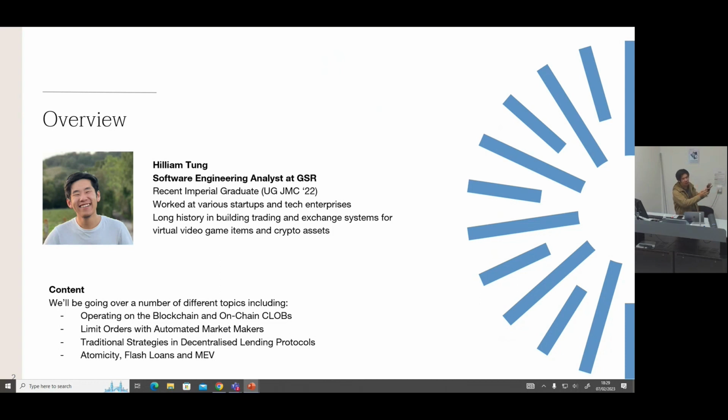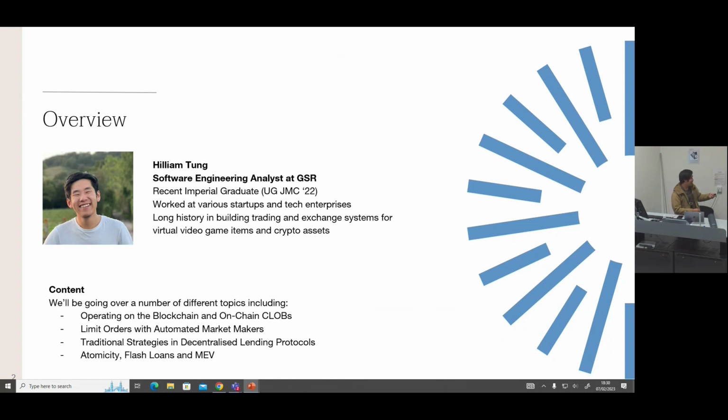So just as you have traditional exchange order books, these would be the on-chain variants of that. I'll also speak about limit orders and how we can effectively emulate them on-chain using automated market makers, such as Uniswap, SushiSwap or PancakeSwap. So we'll be dipping into that.